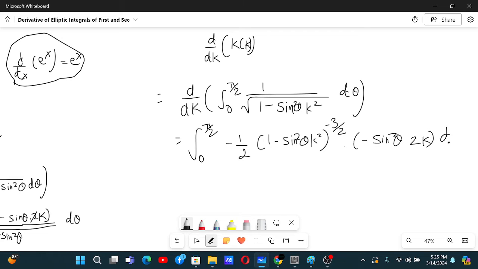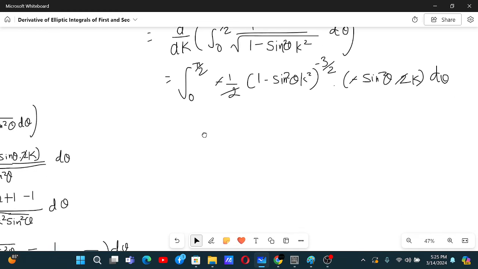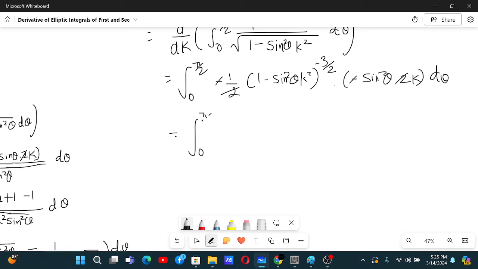And then d theta, and 2 cancels out, minus minus cancels out, and so this will be the integral from 0 to pi by 2 of k sine square theta over 1 minus k square sine square theta to the power 3 by 2 d theta.